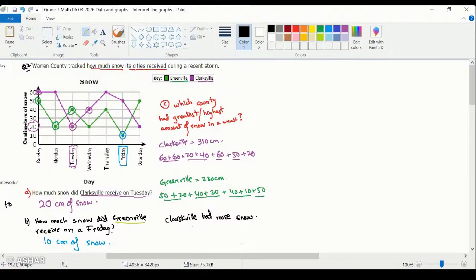We can find individual values, or we can find the comparative values. Part C was a comparison. We took out the total amount of snow each county got, and then we saw the greatest amount of snow. That means 310 is greater than 230. So Clarksville will have more snow. Agreed?